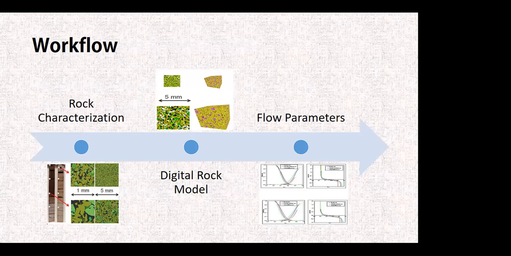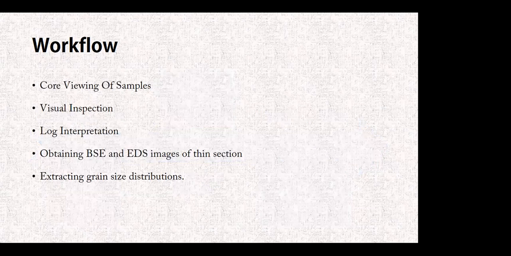So this is the big picture of the workflow. First, we do some rock characterization from imaging, and then we create a digital rock model from that. And then after we have the digital rock model, we process that model and we create some flow parameters.